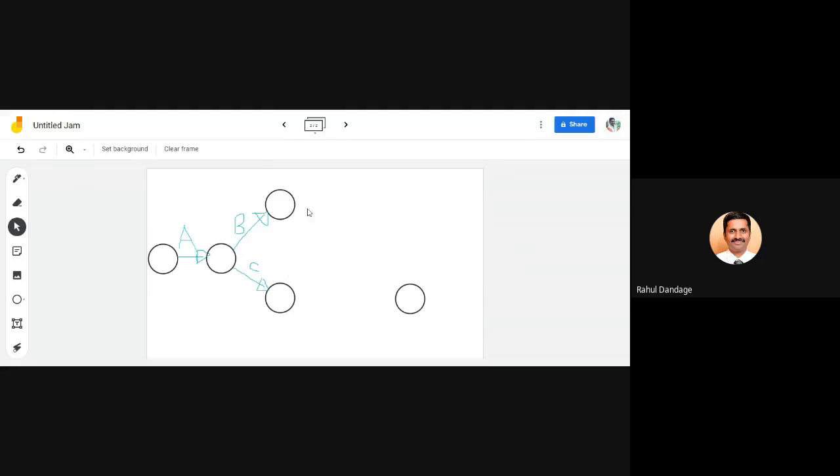So should I draw a horizontal line, or should I bring D and E together in one node? What is your opinion? D and E should come together in one node, because both of them are predecessors to F. Yes.